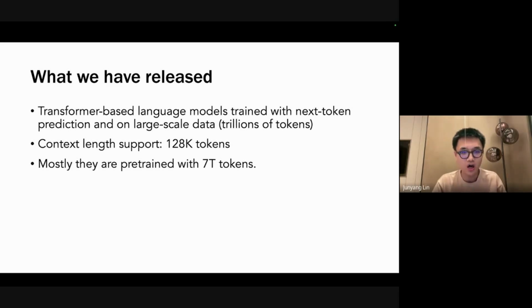And for most of the models, we have 5 sizes. They have been trained with more than 7 trillion tokens. I cannot tell you the exact numbers, because there are too many trivial details, and some iterations are very complex. But most of the models are trained on around 7 trillion tokens. So it is much more than Qwen 1.5, which we only trained with about 3 trillion tokens.